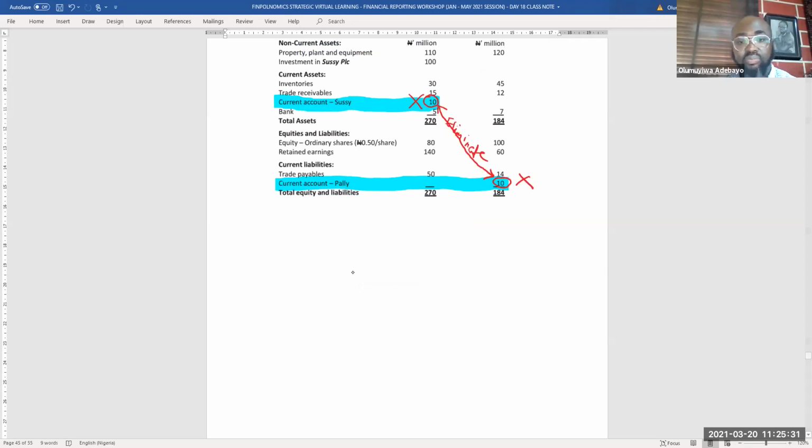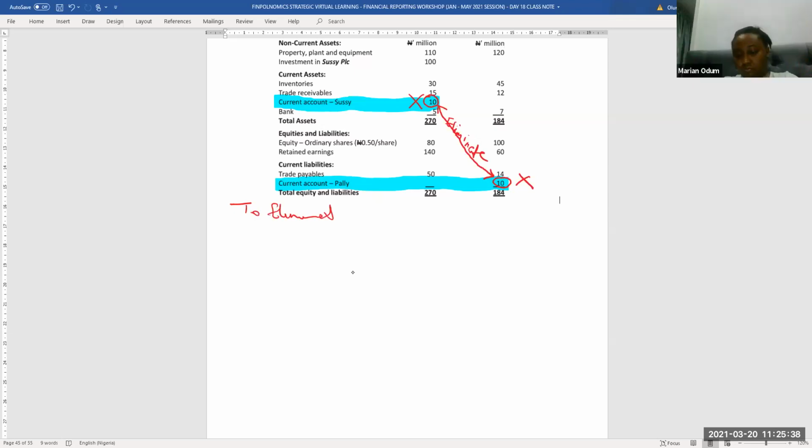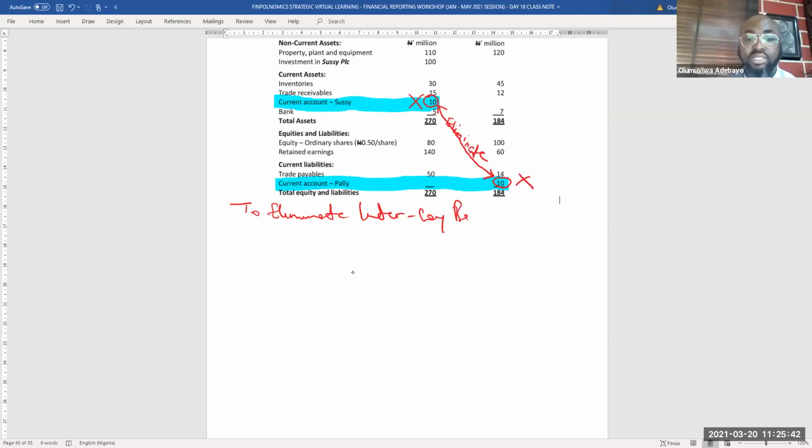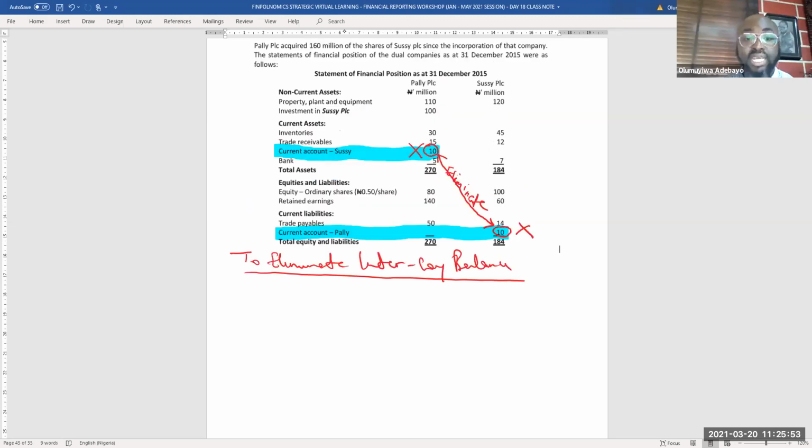To eliminate intercompany balance, we'll make use of accounting entries with respect to debits and credits. This is intercompany receivable. This is intercompany payable. And intercompany receivable has what balance?